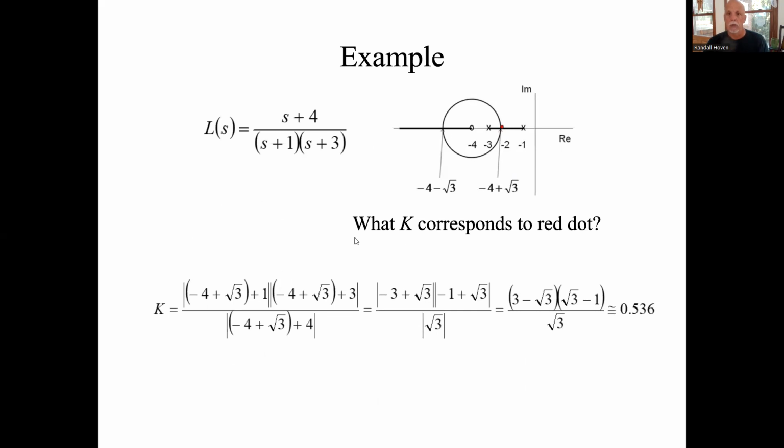So here was L; turn it upside down and replace every s with -4 plus the square root of 3: -4 plus the square root of 3 plus 1, -4 plus the square root of 3 plus 3, and on the bottom, plus 4. These are all real numbers, so the magnitudes are simply absolute values, and you end up with approximately this number. There was no complex arithmetic in that case.